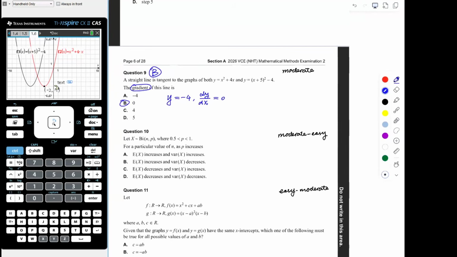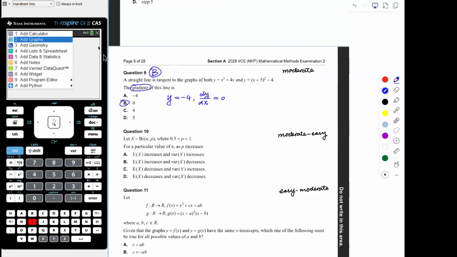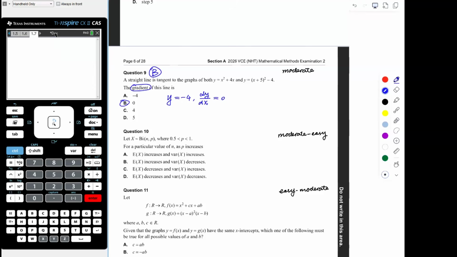By the way, I think this question can be attempted in a slightly different fashion. If these two graphs were not, let's say, these two simple quadratics to have the turning point level with each other, well, I would assign f of x to x squared plus 4x and g of x to x plus 5 squared minus 4.